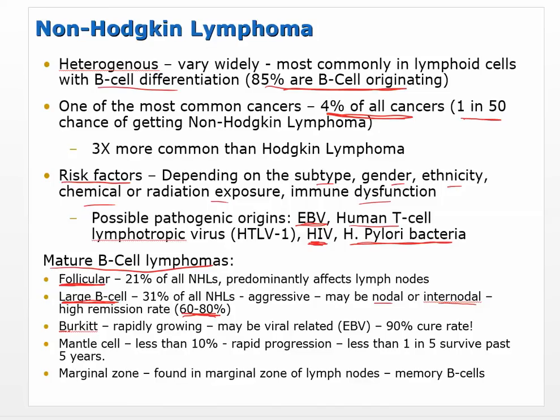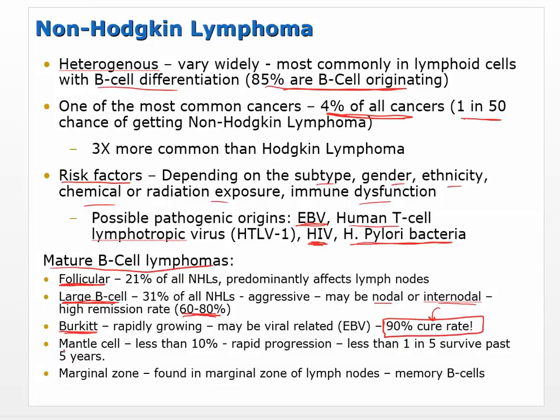Burkitt lymphoma. These are rapidly growing, and these also may be virally related. So that's some of the research they've done with this in the Epstein-Barr virus. But these have a 90% cure rate. Okay, so that's actually very, very good, because we're not talking just about remission. We're actually talking about cure rate.